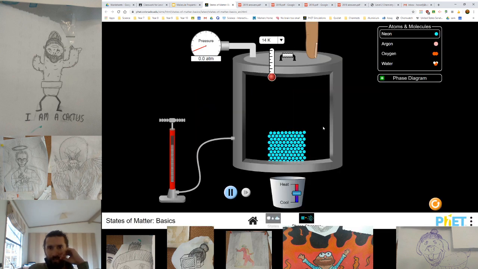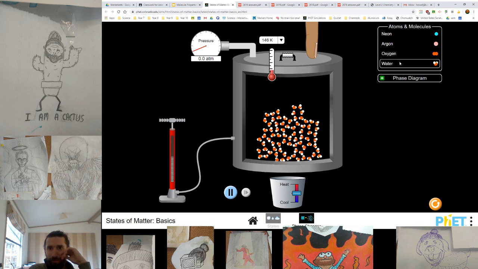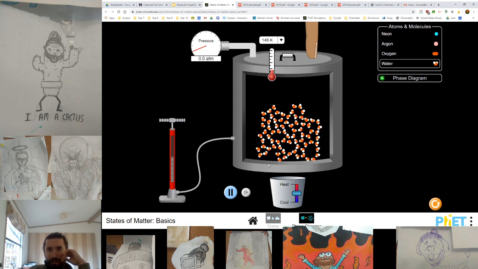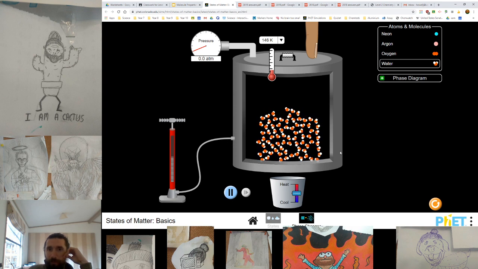How do you do this? Here is some water at about 146 Kelvin, which is very cold. And you can see it's basically solid. If we heat it up, what's going to happen is the particles are going to start moving faster.